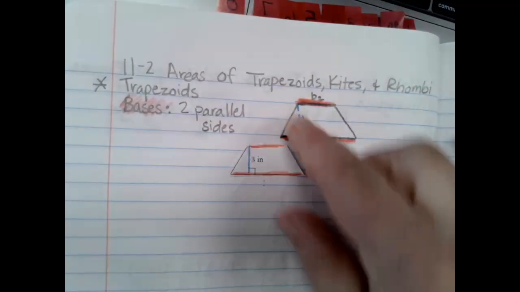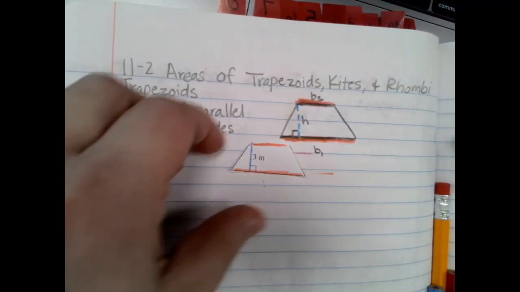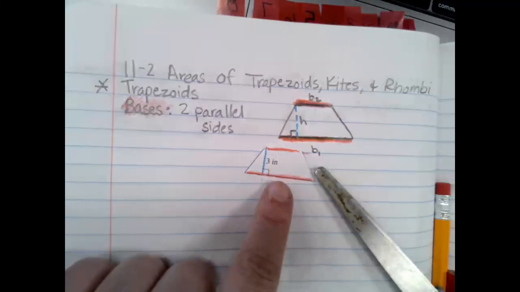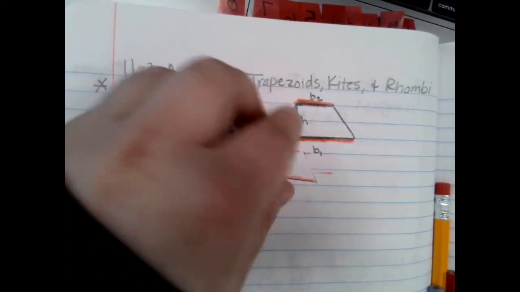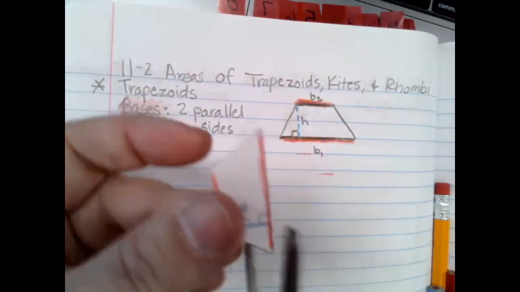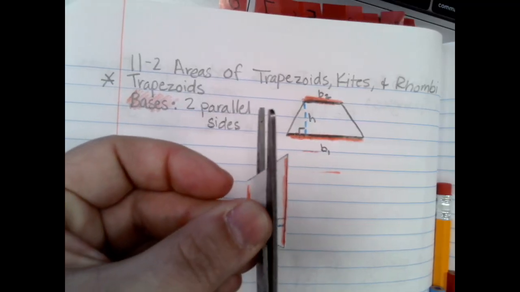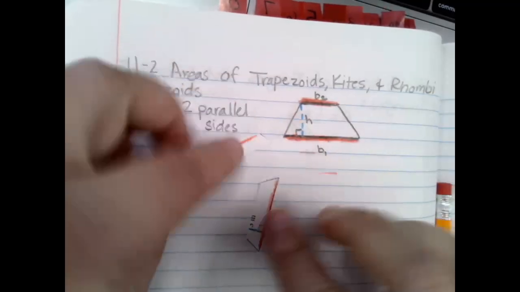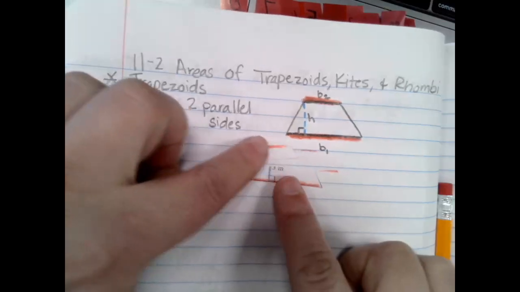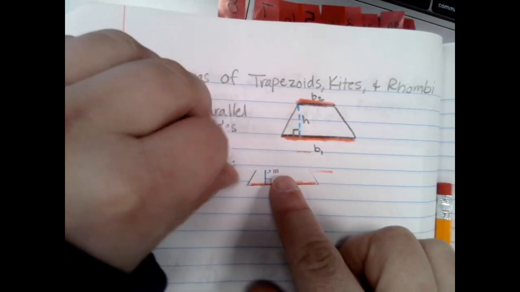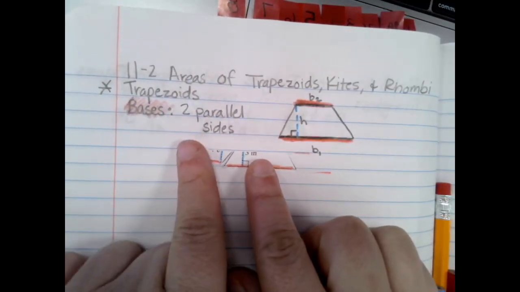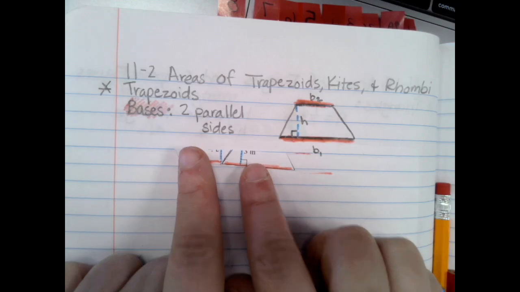Now if I take this trapezoid, sometimes an isosceles trapezoid I can make a square out of it, but if I cut this in half, right down the middle, as much as I can, and then I flip it, it creates a parallelogram.